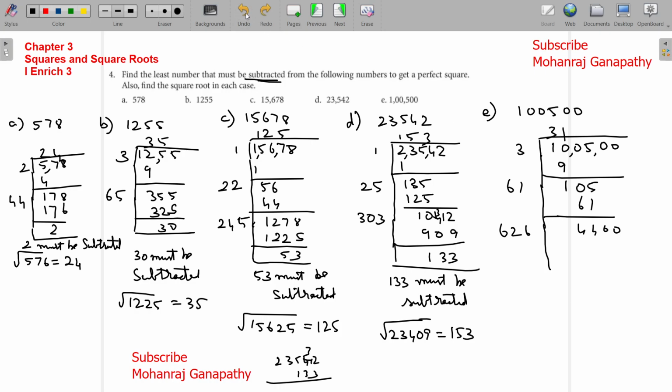We can try with 7. 7 sevens are 49. 4 sevens are 14. 14 plus 4, 18. 42, 43. 11 must be subtracted.